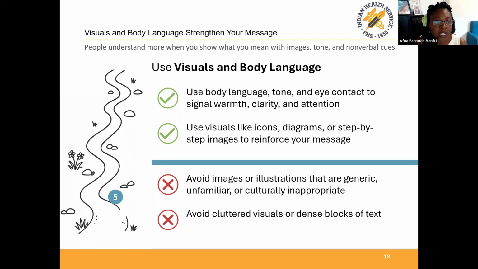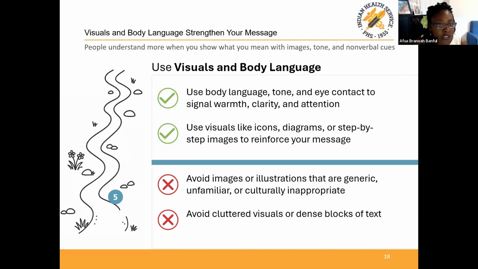I mean, there are some populations where eye contact will actually make them feel worse, and then it's something different. But body language, your tone, emphasizing things that need to be emphasized, right? So body language is actually very powerful when you are trying to adapt the language.